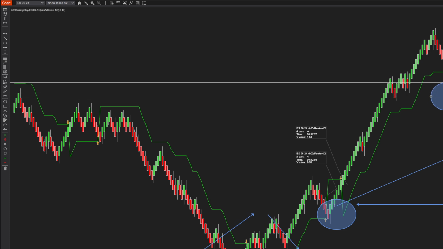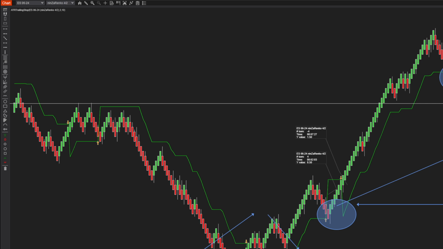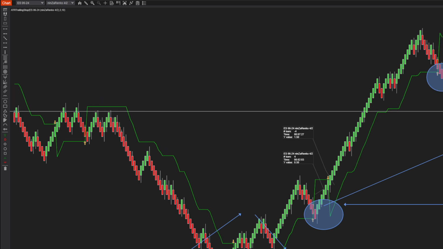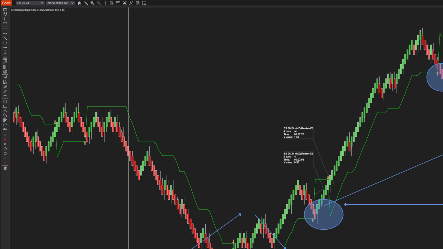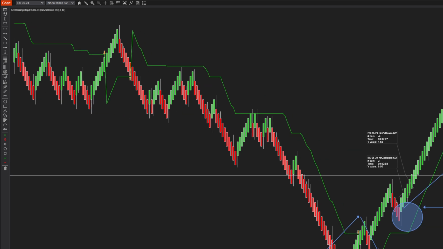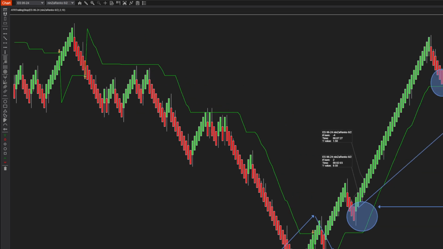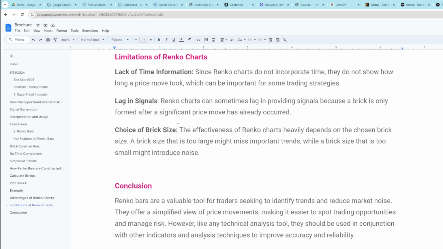You can see how the trend was broken, and you can potentially get out of a good position just because the trend broke. And in reality, when you look at a bigger brick size, the trend has not broken. It's still intact.